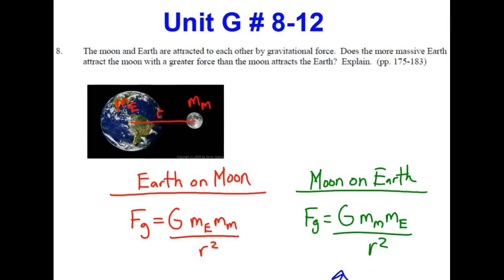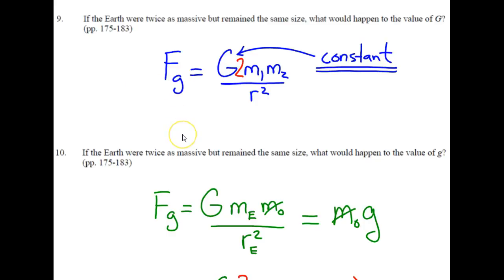All right, let's go to number 9. If the earth were twice as massive but remained the same size, what would happen to the value of big G? Well, we've got our universal gravitation equation here: Fg equals big G, m1, m2 over r squared. You can let the earth be m1, the object on the earth m2, and the distance between the center of the earth and the object would be the radius of the earth, and we would square that.